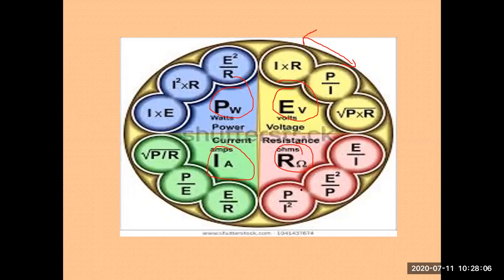This is another general formula which you will use at different stages to calculate the resistance of a conductor. And this is another important formula where you can calculate the current if you are given potential and resistance, power and potential, and power and resistance.